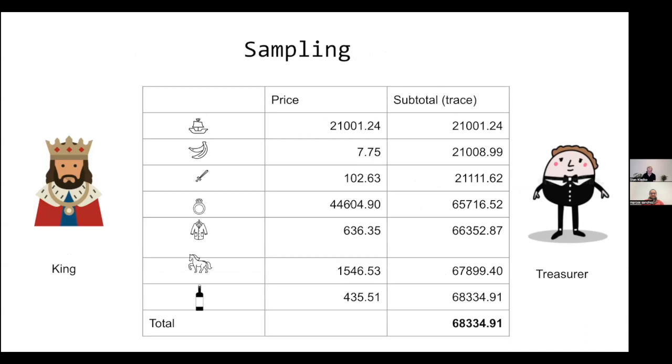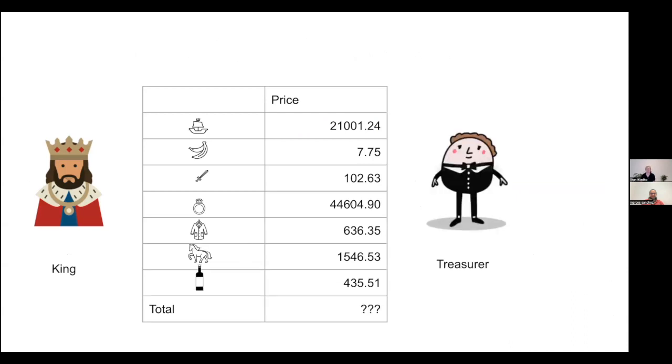Okay, here's the example. Sorry. Here's the example. Here's the story. The king and the treasurer. Kings, you know, like to buy many things, expensive things. So let's say at the end of the year, the king wants to find out how much money he spent, right?